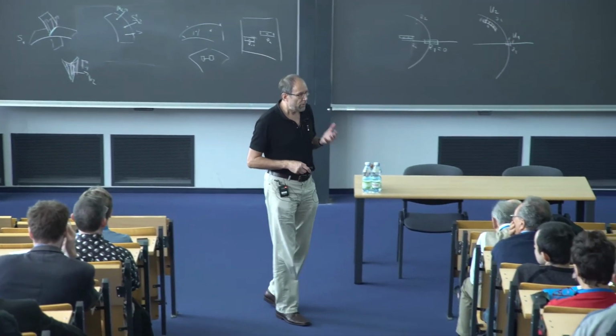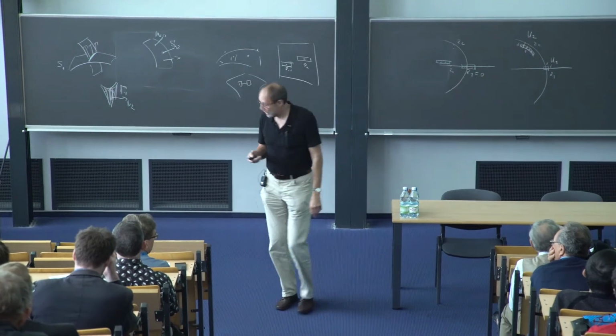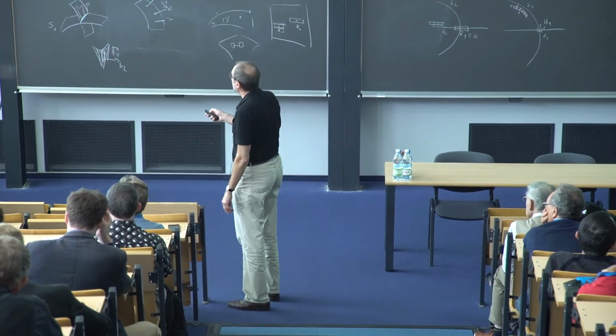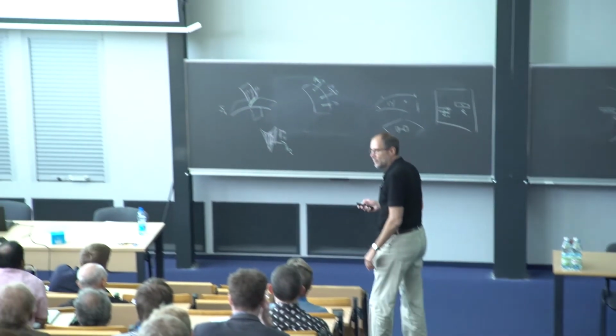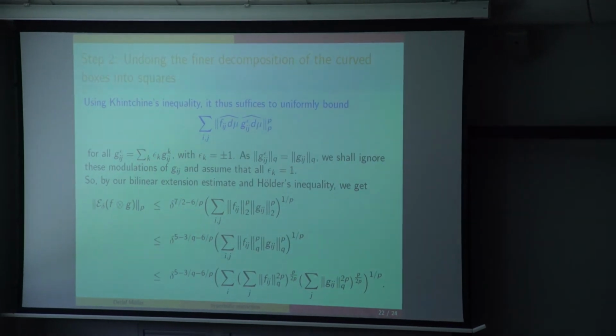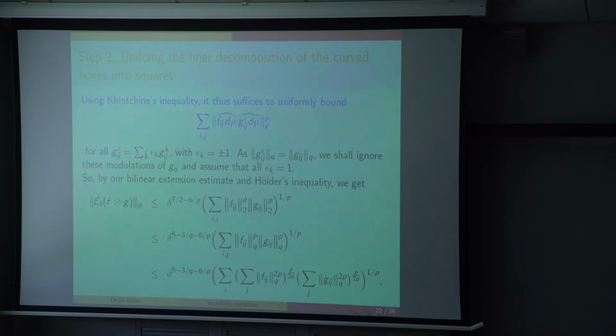And now comes the point: this allows us to go back to the curved boxes. Because if you think of this little l^2 sum, you can think of the randomization by Khinchin's inequality. Using Khinchin's inequality, each of the terms is controlled by, for an arbitrary sequence of signs epsilon_k equal to plus or minus 1, the sum of epsilon_k times g_ijk.